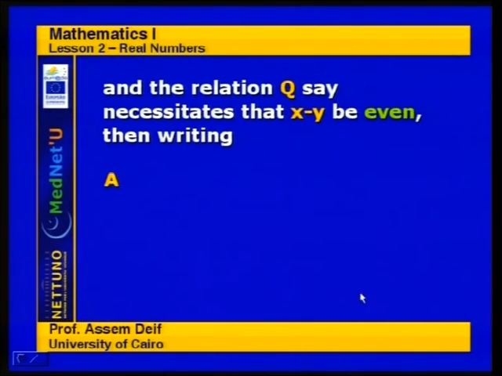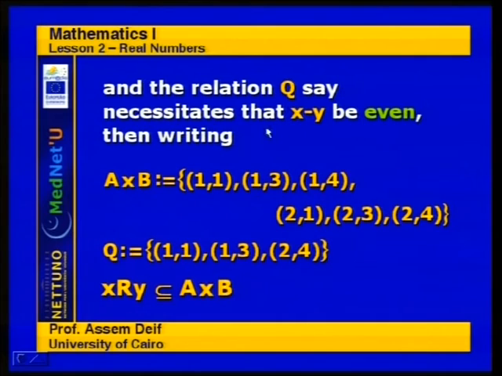So you start with the cross product A cross B, and you get here the 6 ordered pairs, and then you choose among A cross B those satisfying Q, which renders the difference between X and Y even.